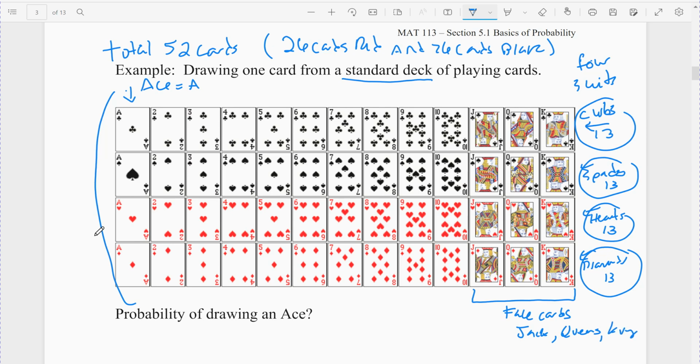The J is the jacks, the Q is the queens, and the K is the kings. We call them face cards because they have faces on them. The ace is not considered a face card; it doesn't have a face on it. If you count them, there are 3 in each suit, so 12 face cards altogether.